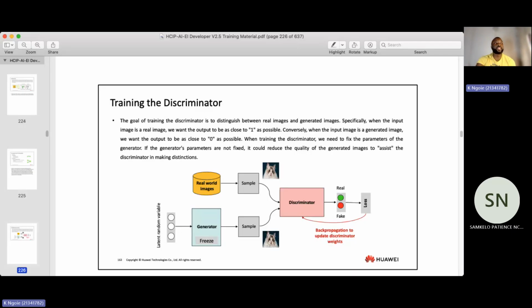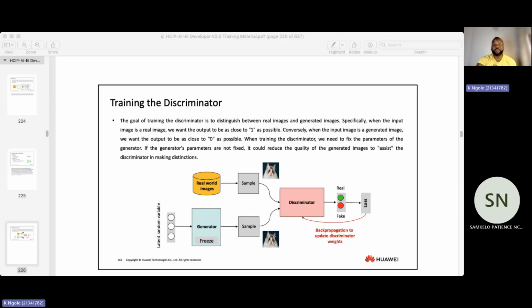The way you train a discriminator, remember first that the discriminator is basically a binary classifier, which means it's going to try to determine between real samples and fake samples, the fake ones being generated by the generator.